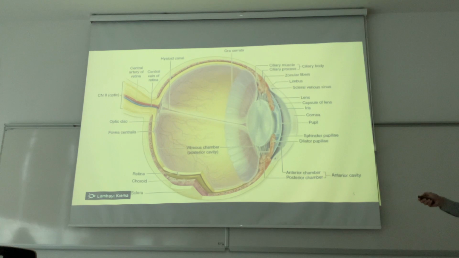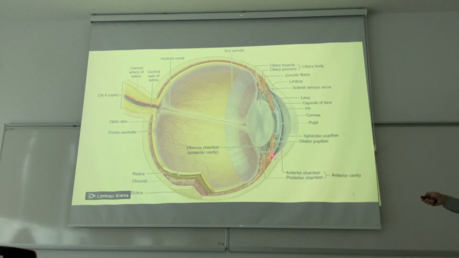After that, it gives nutrition and minerals to the cornea and receives waste structures from the cornea. This fluid goes to the deep side of the cornea, this area. In this area we have the iridocorneal angle.